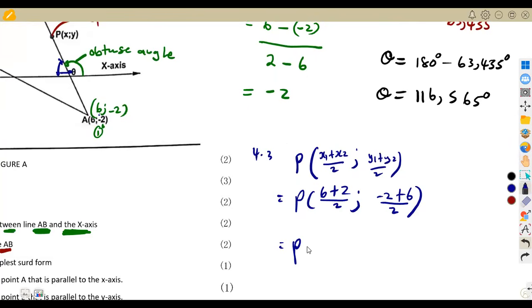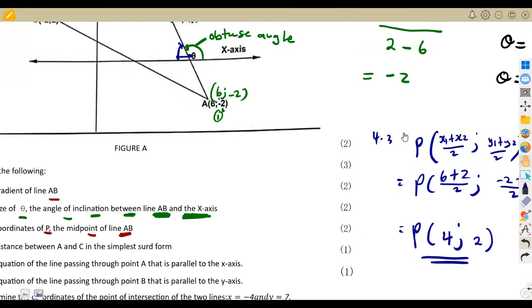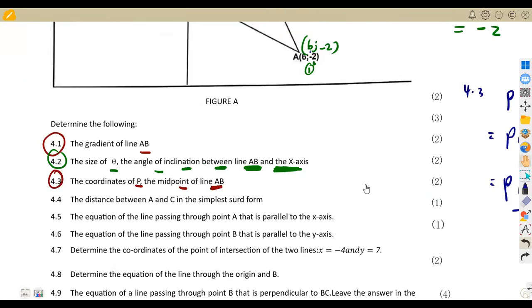So this was going to give us the point P. 6 plus 2 over 2, which is going to be 8 over 2, which is 4. And this is going to give you a 2. So that was going to be the point P that represents the midpoint of the line segment AB. All right, we have got our point P.